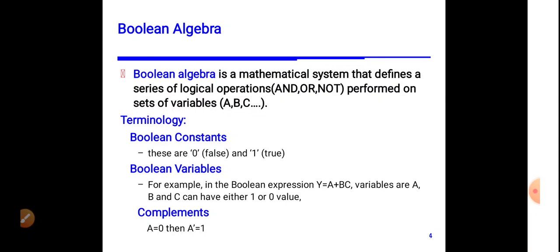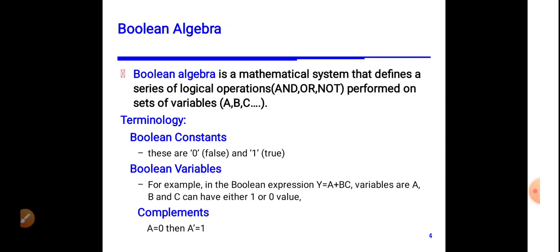So if we are performing any logic operations on variables, such a mathematical system is called Boolean algebra. In Boolean algebra, we will be dealing with two things: one is Boolean constants and the other is Boolean variables. Here constants itself indicates that we are representing the values as fixed values.